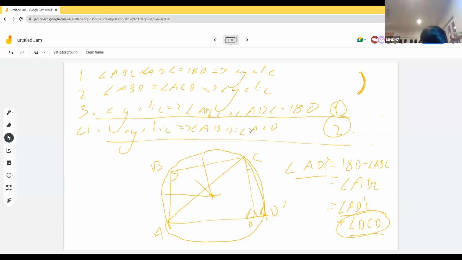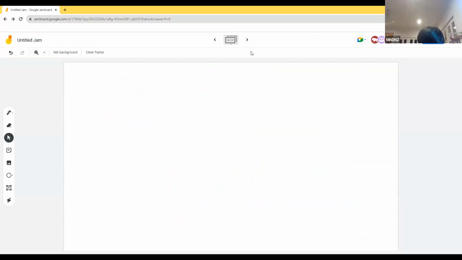Similarly, for the second statement, we'll move on to the next slide. It's a very similar proof. We draw the circle, you see it? So we have A, B, C, D, and we know that those two angles are equal.